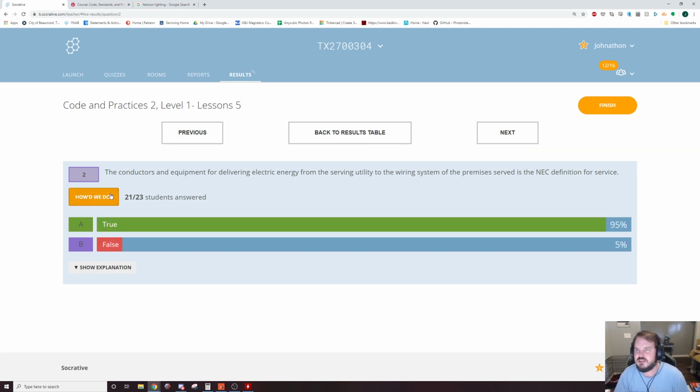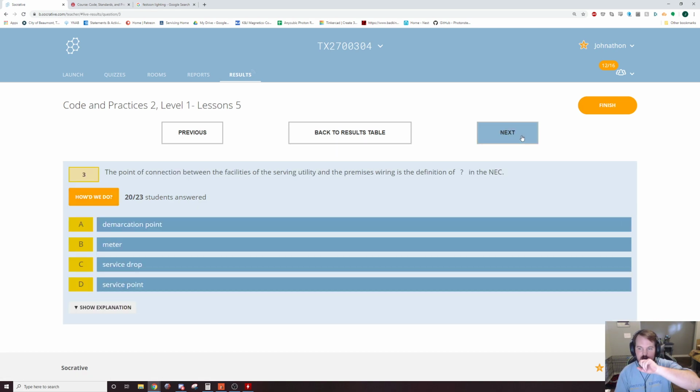Of course it is. It's a definition. It's in Article 100. Another definition. No reason to spend any more time on that.